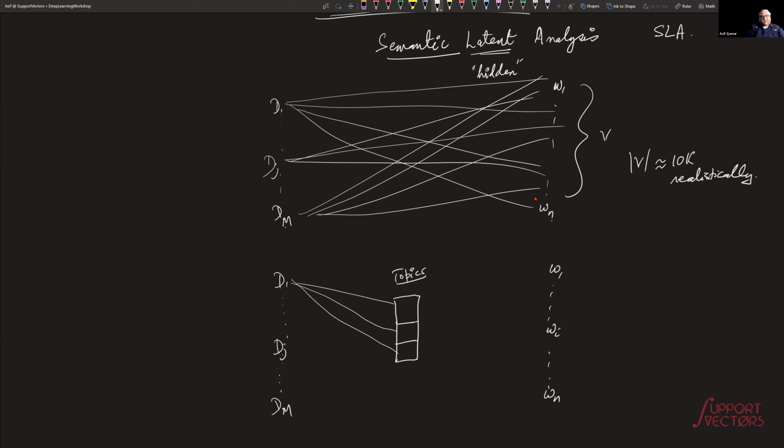Likewise, the words. Let's take a representative word. Suppose I take the word election, which is quite topical today. You would say that election certainly has to do with politics. Then you think a little bit about it, and you realize that the word election is often used in computer science. For example, there are all sorts of election algorithms, like the leader election algorithm in distributed systems.